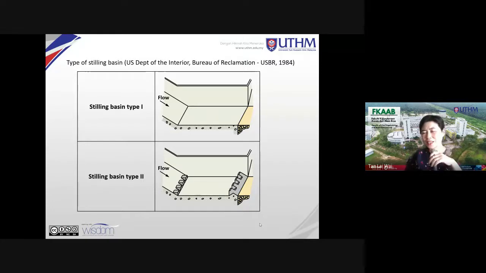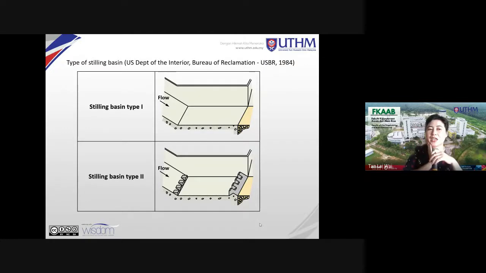There are so many types of stilling basin, and each type caters for specific discharges and specific types of dam. It's various, to suit the needs or requirements of a certain dam or spillway.